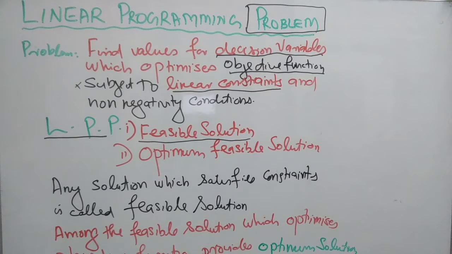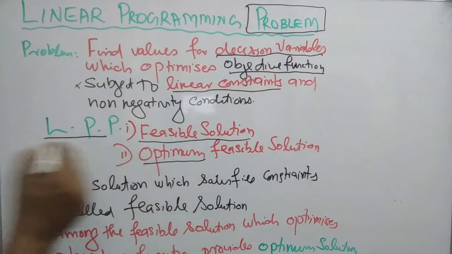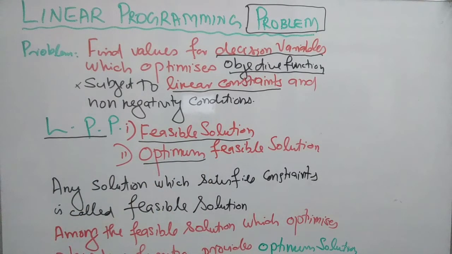That is important. Then among the feasible solutions, if there is any solution which optimizes, that means according to demand, either maximization or minimization, it is called an optimum feasible solution. That is, there are two levels of solution, feasible solution and optimum feasible solution.